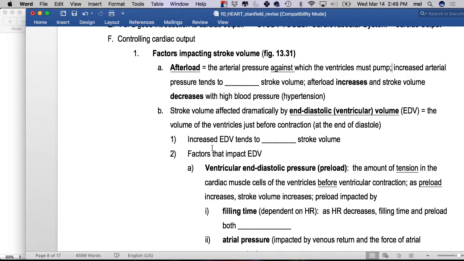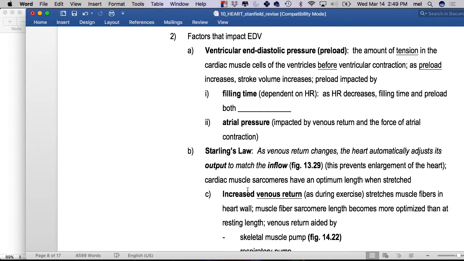Okay. Now let's talk about one of the factors that impacts EDV. One of the factors that impacts EDV is that your ventricles can be full, or because they are not a rigid box, they can be fuller. Yes? So if you increase the amount in there, you're also increasing the pressure in the ventricles.